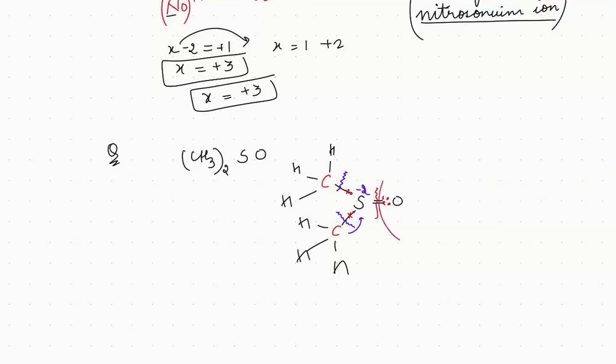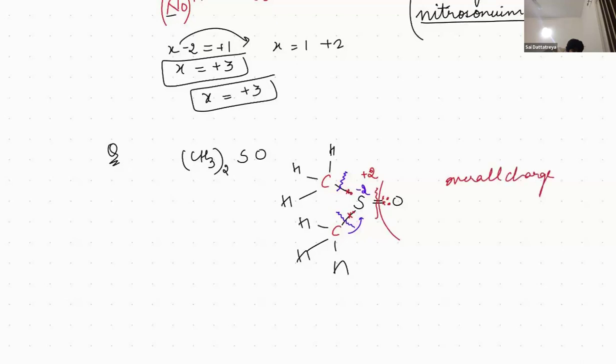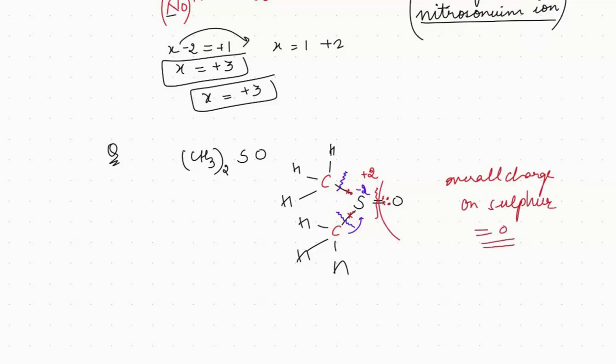So because of oxygen, it acquires a +2 charge. So overall charge on sulfur becomes what? What is the overall charge on sulfur? That is 0. You understand? That is the overall charge on sulfur.